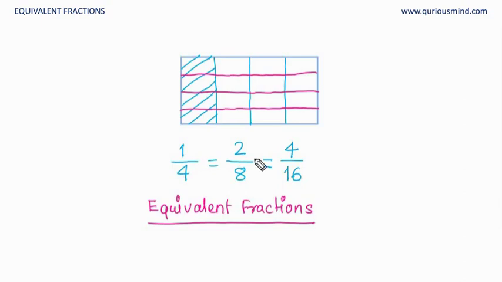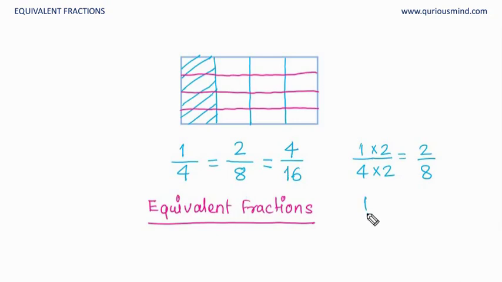And if you have a close look at it, 1 upon 4, if I multiply the denominator by 2 and the numerator by 2, I get 2 upon 8, which is this fraction.